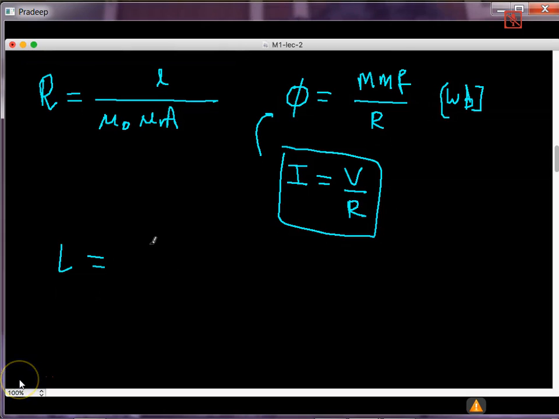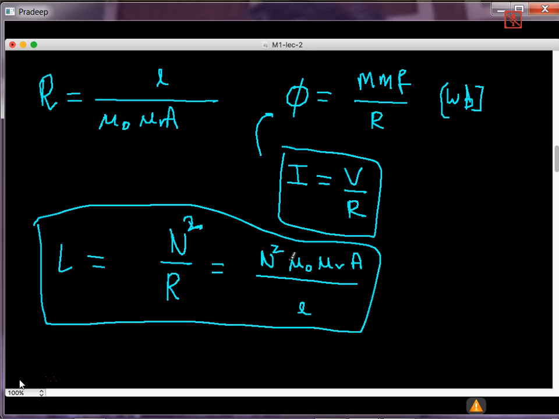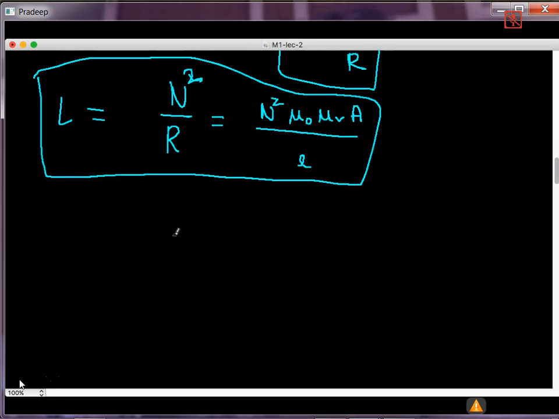Inductance is a property defined as N square by R. Now we know the R value, so I can write N square into mu naught mu r A by L. This is the inductance property of a particular coil. If you know the number of turns, the material, the area of cross section and the length, I can find the inductance. I'm just quickly giving you the formulas which we later use to understand the process. Another thing is the energy stored.